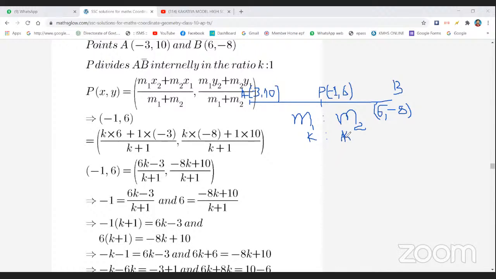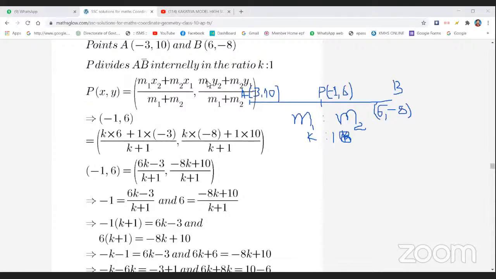So M1 means k into x2, 6, plus M2 value 1 into x1 value minus 3, by M1 plus M2, that is k plus 1, comma, M1 value k into y2 value minus 8 plus M2 value 1 into y1 value 10, by k plus 1.